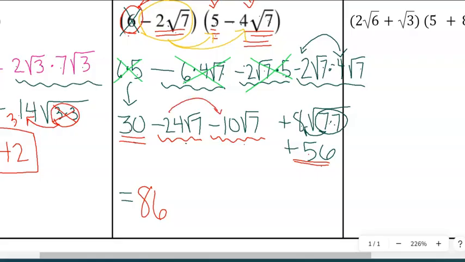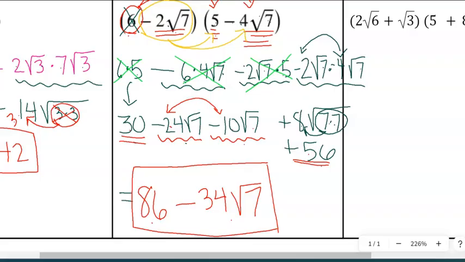They're being added and subtracted, so we want to add and subtract their coefficients since they have the same radical. So negative 24 minus 10 is negative 34 root 7. This term doesn't have a radical and this does, so I can't simplify anymore.